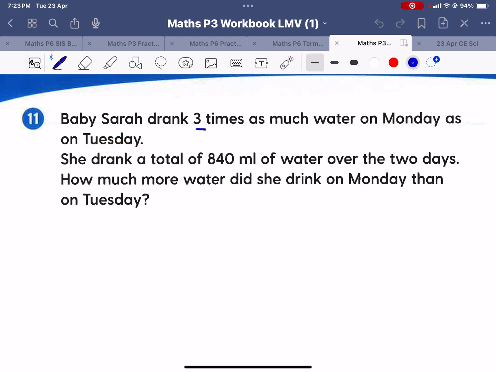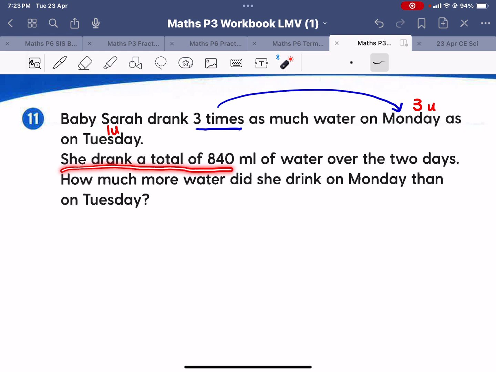So over here we know that this 3 times refers to Monday compared to Tuesday. Let's put a small note here to remind us that Monday is 3 units, 3 times, 3 boxes, and Tuesday is only 1 unit. Let's continue the reading.